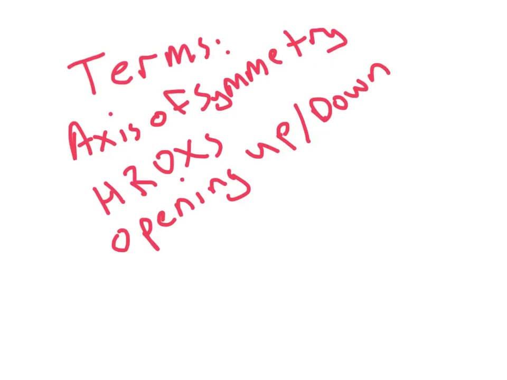With HROCs, we talked about zeros. We also talked, indirectly, about the vertex, because we can find the vertex very easily once we have the axis of symmetry. So just a bunch of different stuff that we can do with these quadratics, and we will be practicing all of that in class.